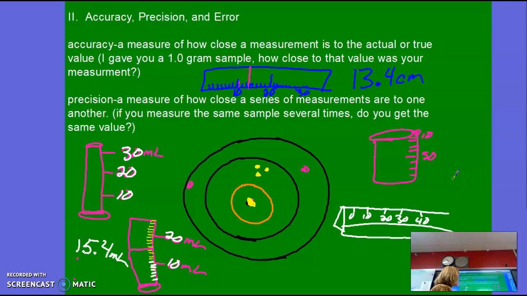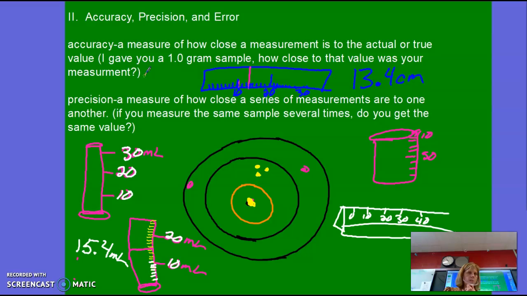So that's the ultimate goal. We want to hit the bullseye. If you can do that, you're very accurate. In chemistry, I might say if I give you a 1 gram sample and I know that's how much I gave you, and you find the mass of it on your electronic balance and you come up with exactly 1 gram, you are very accurate, okay? You have a high degree of accuracy.